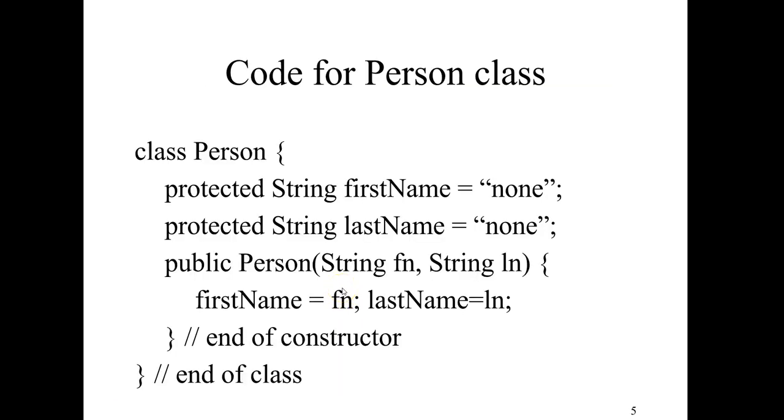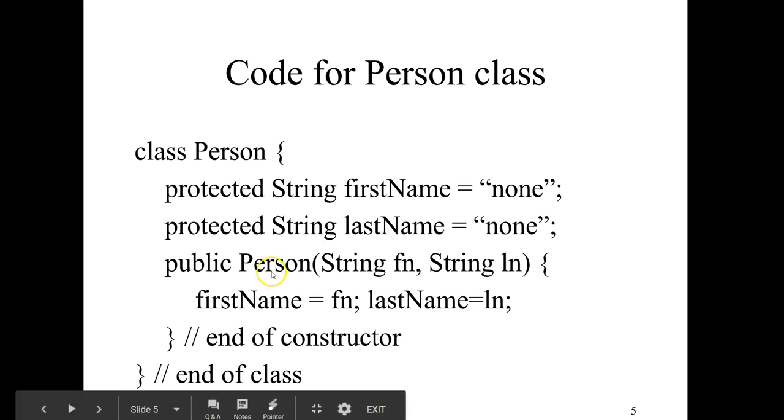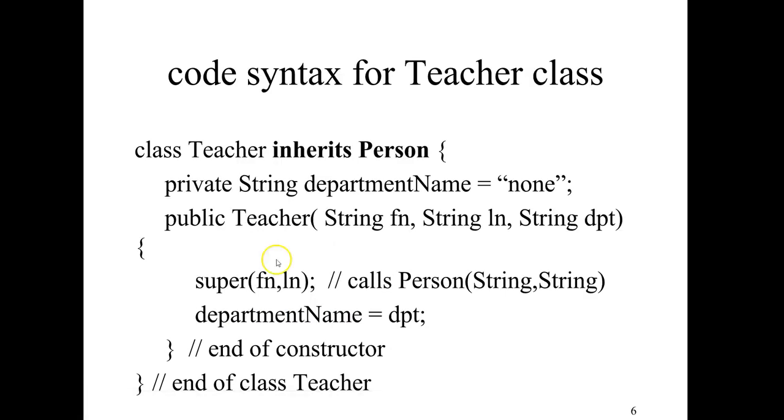Now here's just part of the code for the person class, is that I have a first name and last name as properties, members of the person, and here's how that person is constructed. There's the constructor. In the teacher class, it extends the person class. I have this wrong.